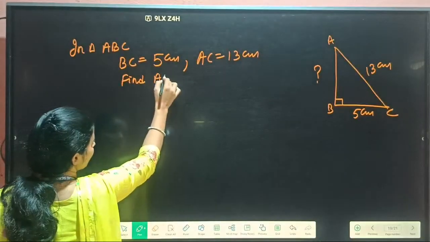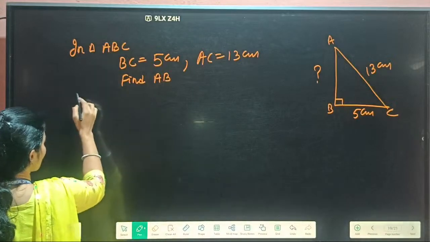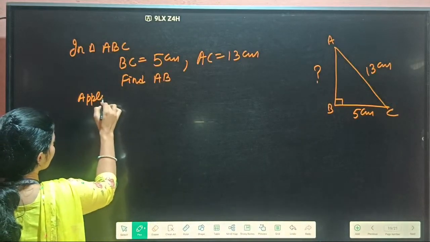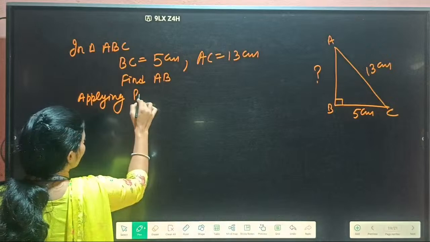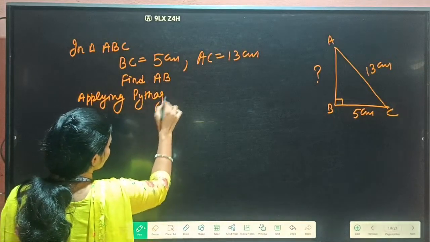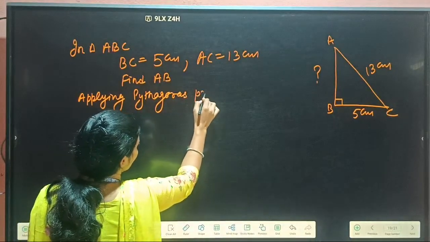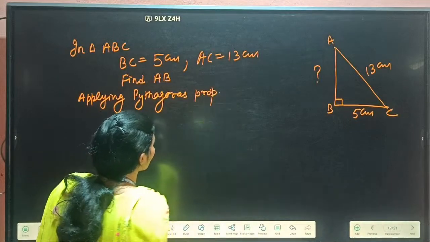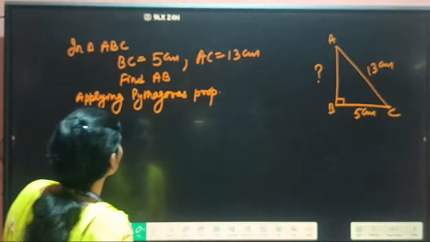Find AB. In this triangle, applying Pythagoras property.